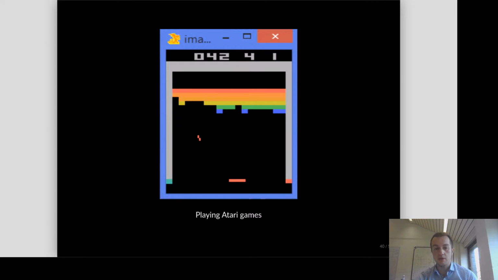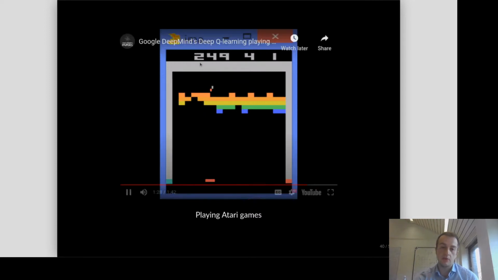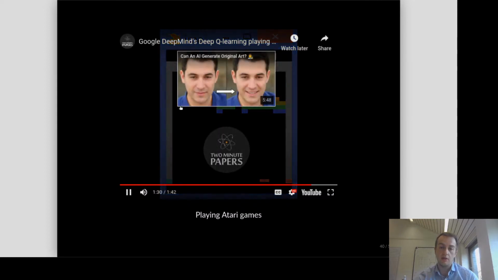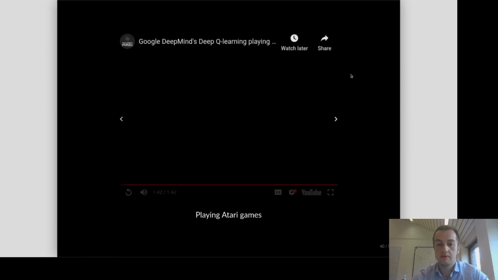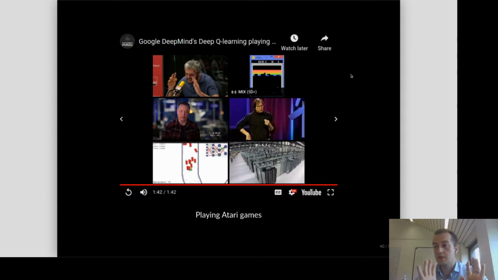One good strategy for this game is to dig a tunnel at one of the sides, such that it can trap the ball in this tunnel. In this way, it gets a large reward very quickly without taking any risk. And this is something which is never explicitly programmed in the algorithm, but which is discovered through learning.